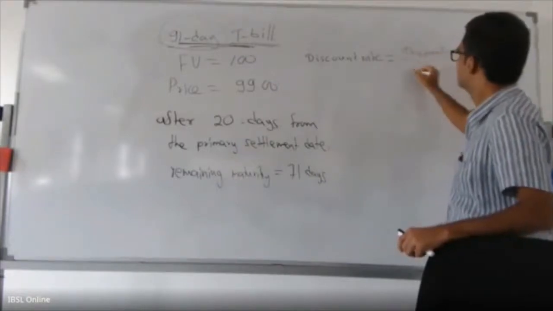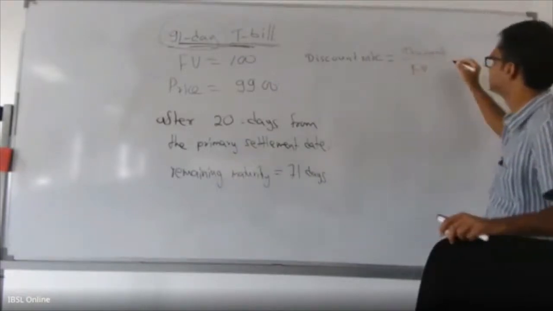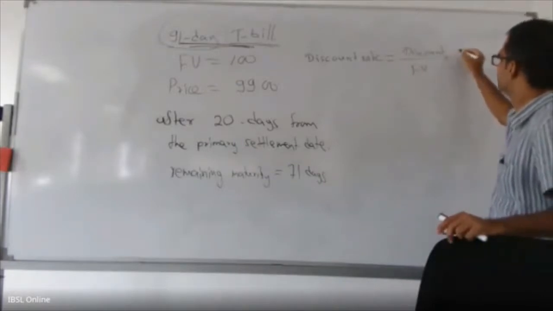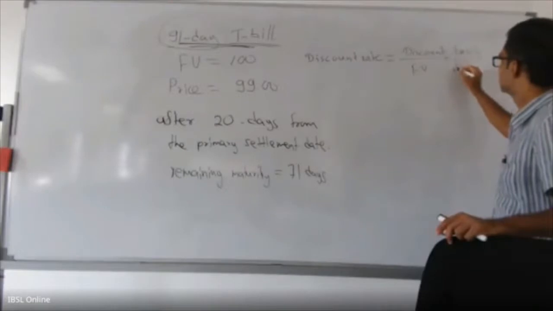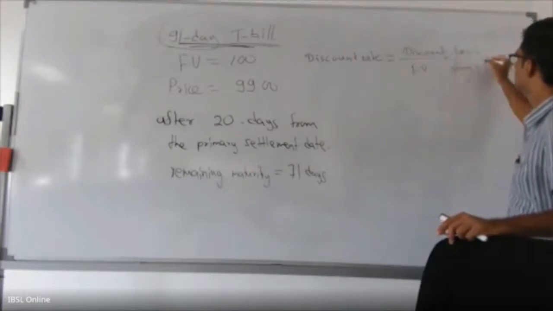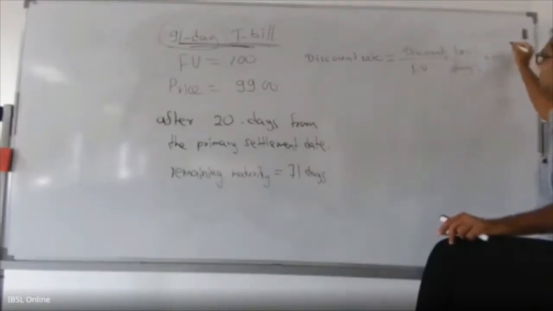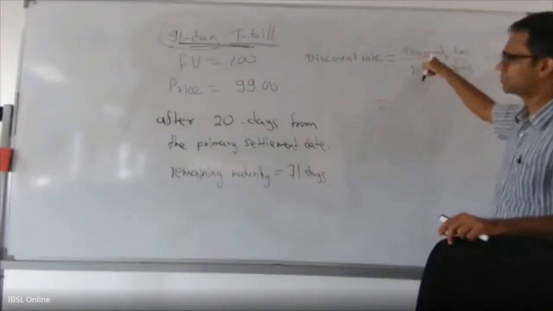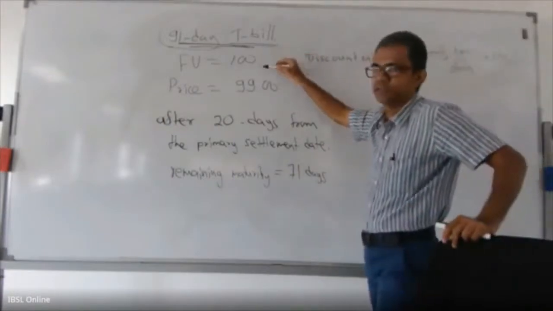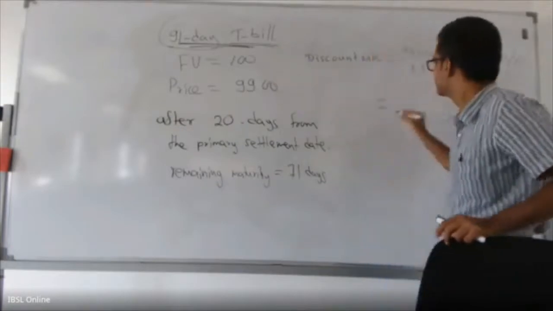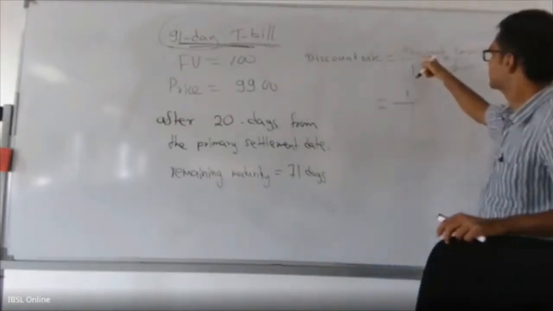Discount divided by face value into basis divided by days into 100. What is the discount? Face value is 100. You paid only 99 rupees. Discount is 1.